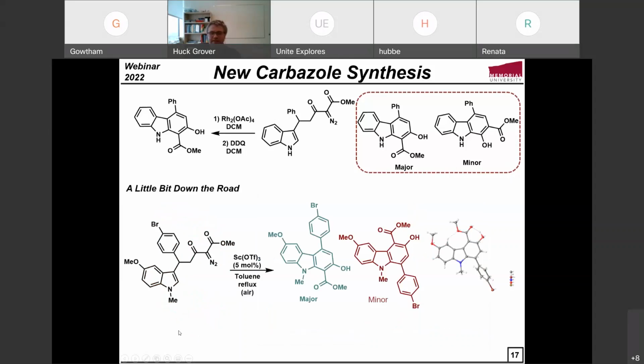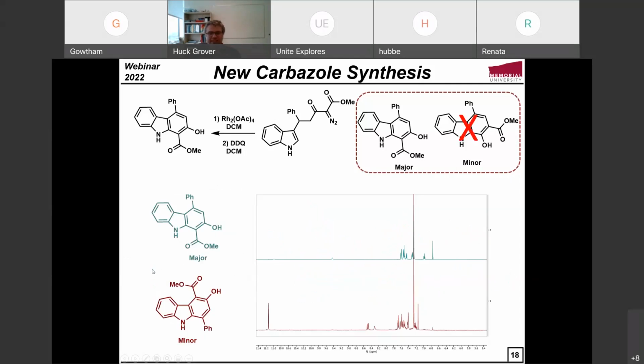So after a little bit of analysis, Seema was able to, well, not analysis, a little bit of manipulation. She built a more robust material that we could grow a crystal of the minor product. And it showed us that the connectivity actually was via a different type of rearrangement.